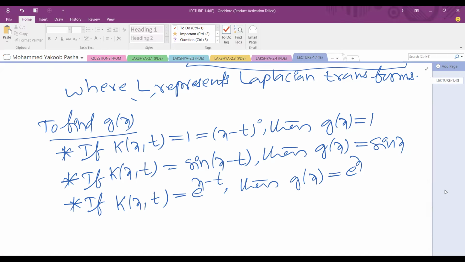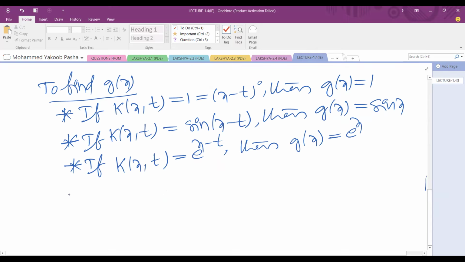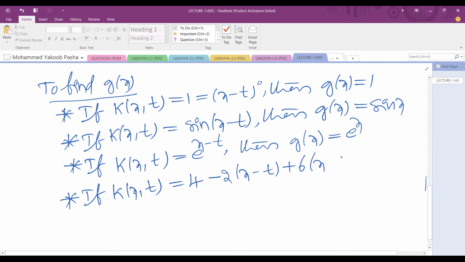Now, if k of x comma t is equal to 4 minus 2 into x minus t plus 6 into x minus t whole square, in this case we can write g of x is equal to 4 minus 2x plus 6x square.